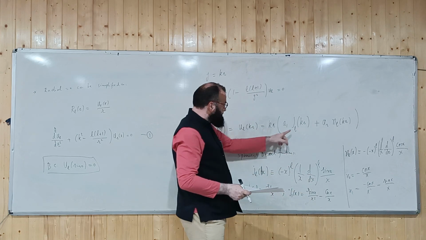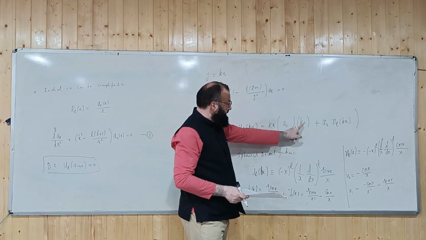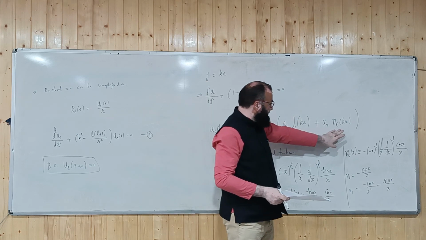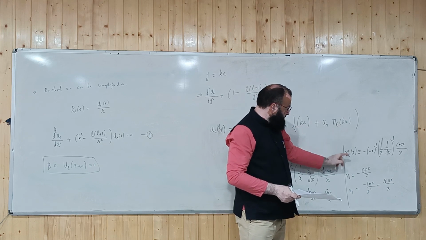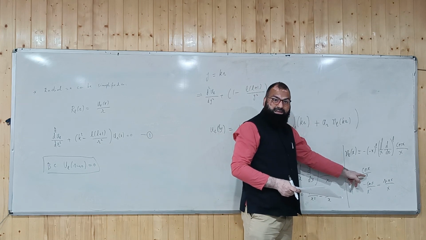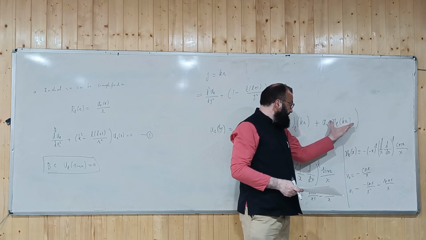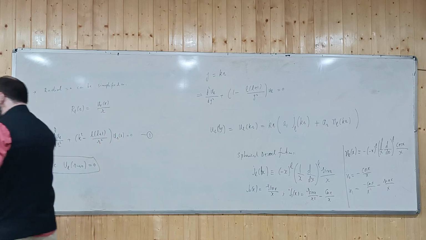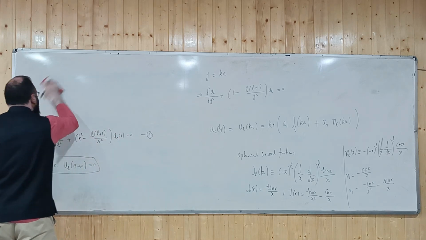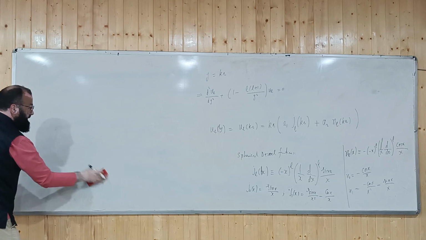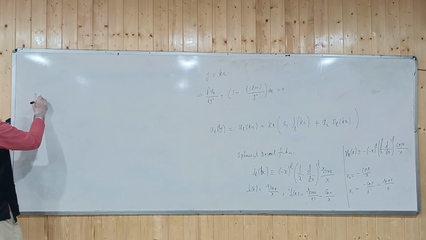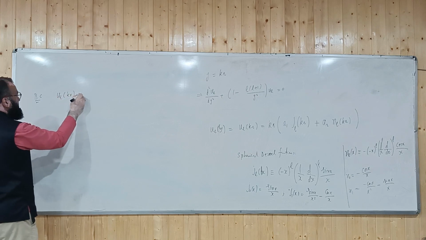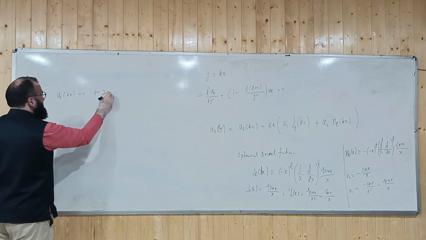So that means this j_l(kr), when r tends to 0, goes to 0. Clear? Now let's look at this n_l(kr). When x tends to 0, this diverges. It's cos x by x. Clear? So that means this very object tends to infinity. So now let's apply the boundary condition. u_l(kr) is equal to 0 for r tends to 0.